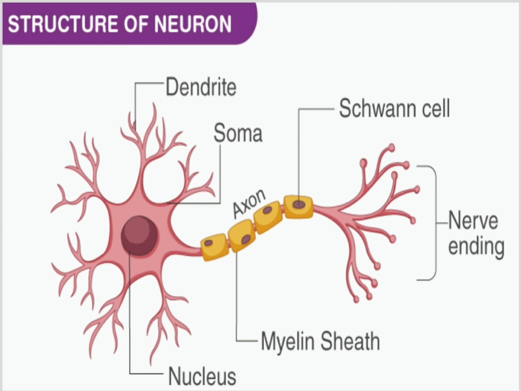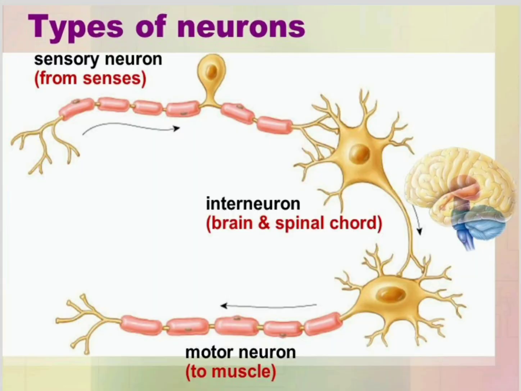It is a long connective part, and in between the myelin sheath you will see Schwann cells, and where the Schwann cells are getting connected to each other, you will see tiny connections which are called nodes of Ranvier. Okay, so this is the explanation with regards to the structure of your neurons.